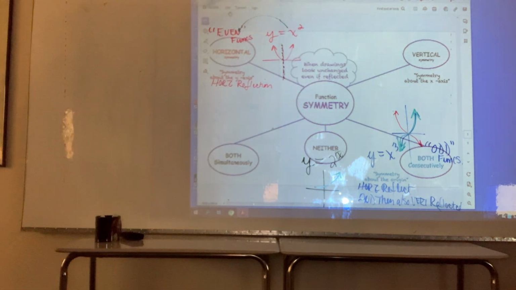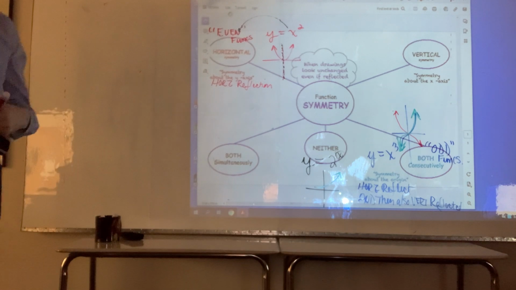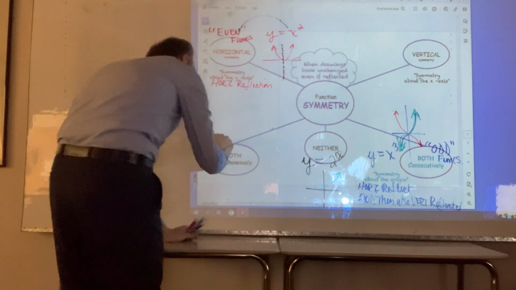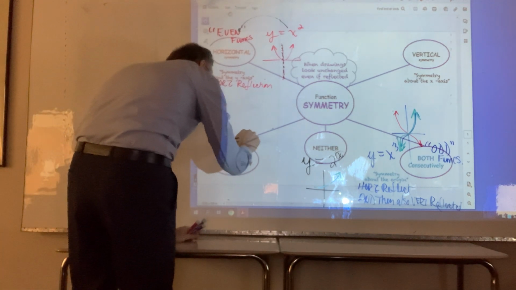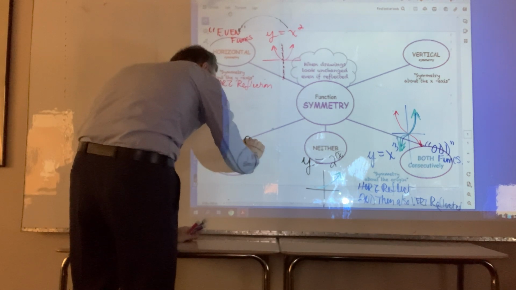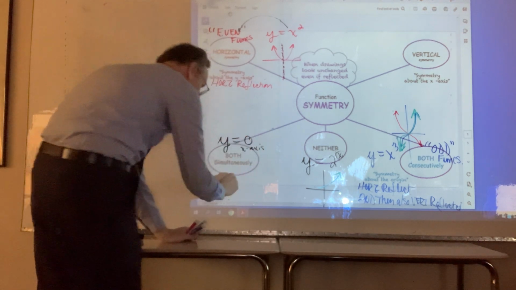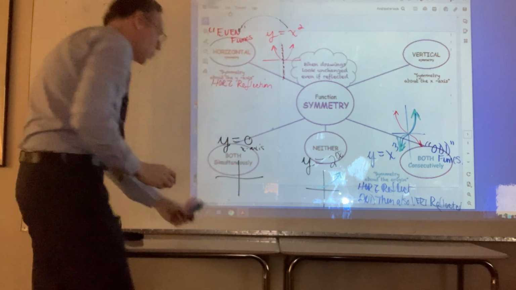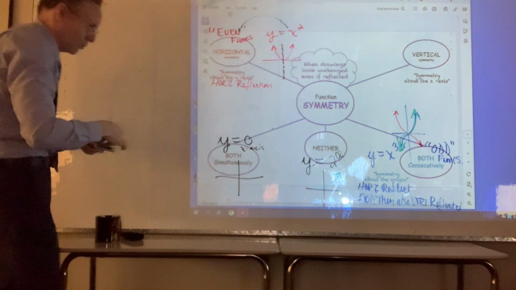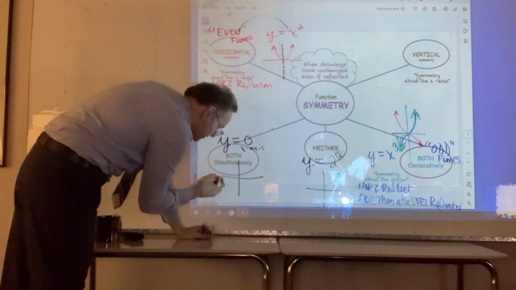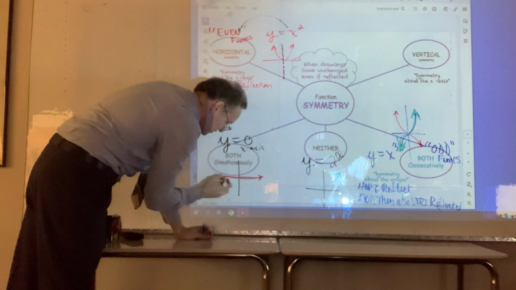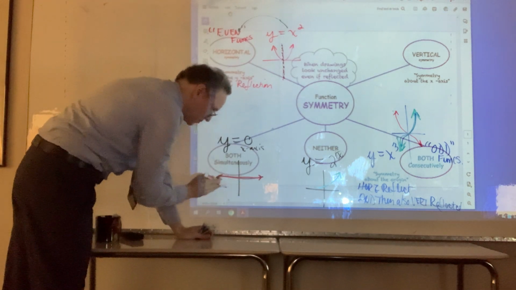There is something technically that is both simultaneously, though, and this one's kind of funny. Y equals 0, known as the x-axis, technically, is the picture of y equals 0. Y equals 0 is the x-axis. I'm going to emphasize it in red here, just to superimpose upon it.